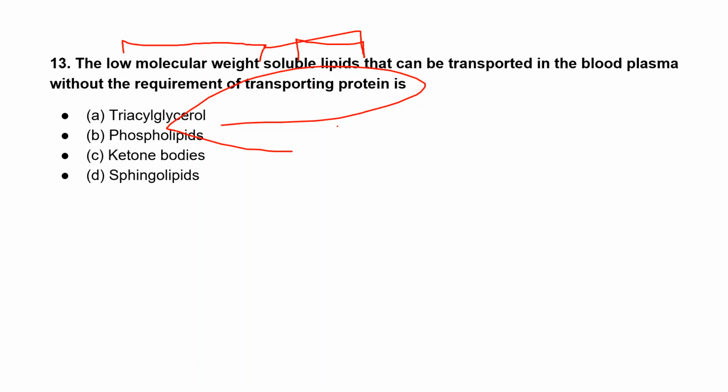Our body is made up of 70% water, and here it's saying that it's very low molecular weight, and soluble, and without the help of any transporting proteins it's moving in the blood plasma. So what is this? Option A is triacylglycerol, option B is phospholipids, option C is ketone bodies, and option D is sphingolipids.